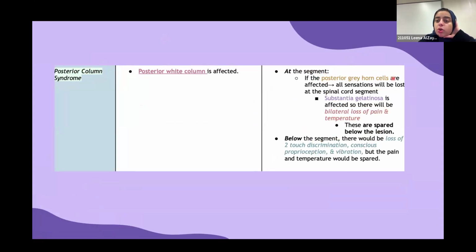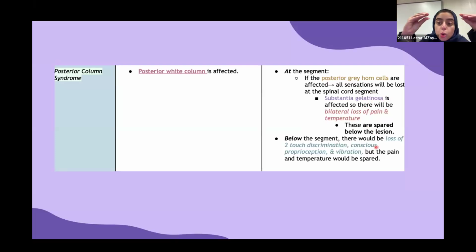If the posterior gray horn cells are affected, all sensations will be lost at the spinal cord level. Why? Because you're losing the substantia gelatinosa, which is the second order neuron of the spinothalamic tract. So substantia gelatinosa is affected, causing bilateral loss of pain and temperature. These are spared below the lesion.